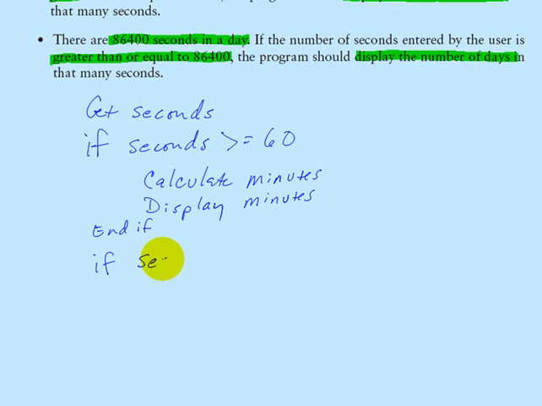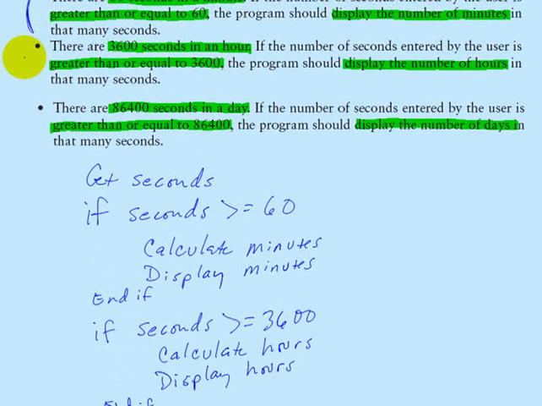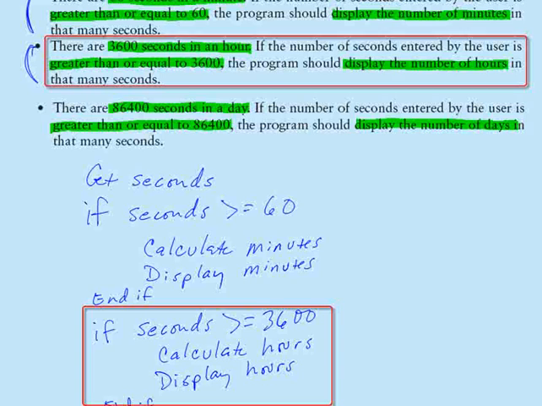If seconds greater than or equal to 3,600, we're going to calculate the number of hours, and then we're going to display the number of hours. And I'll just put an end if there. That's the end of the if statement. And so that takes care of the second requirement.